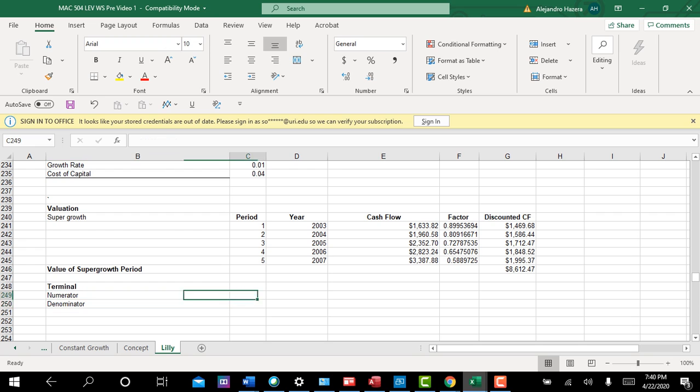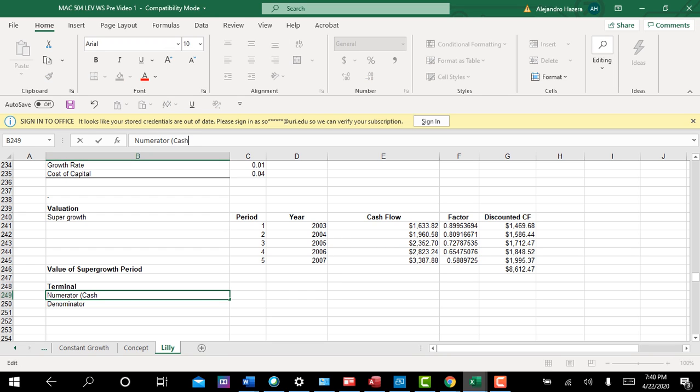You know that the numerator is going to be your cash flow at t plus 1.